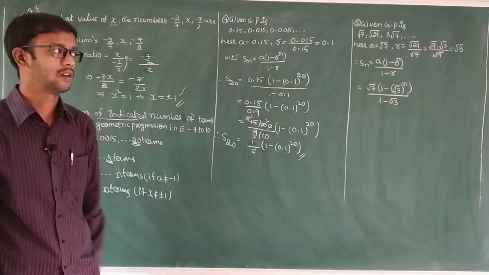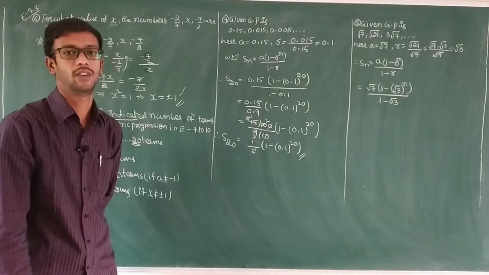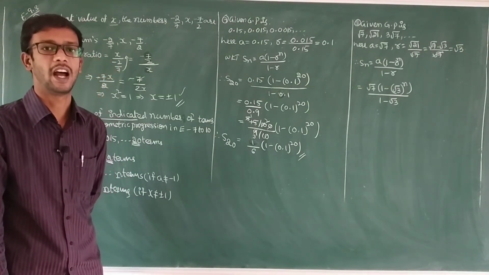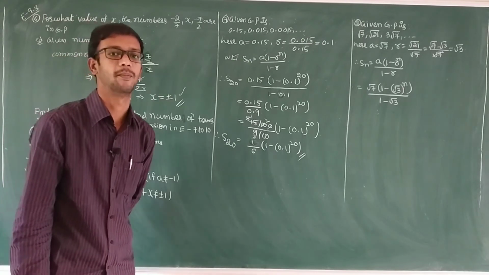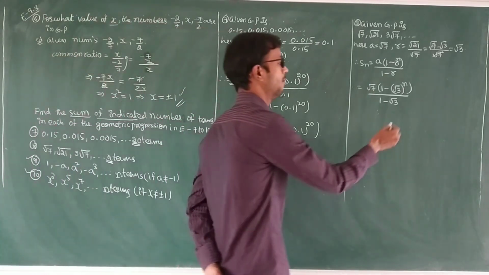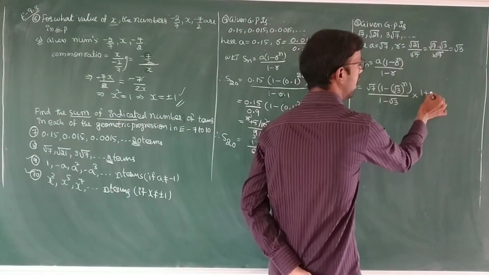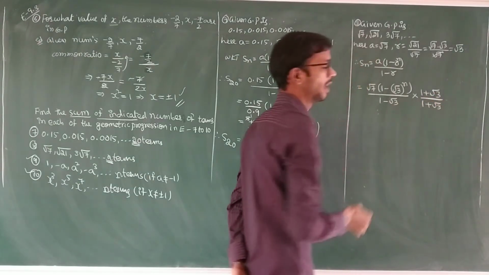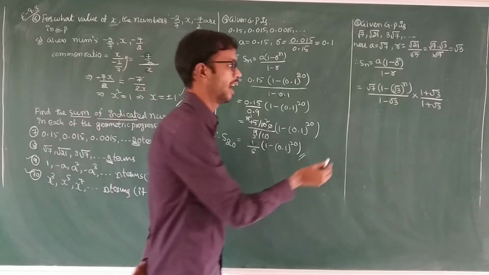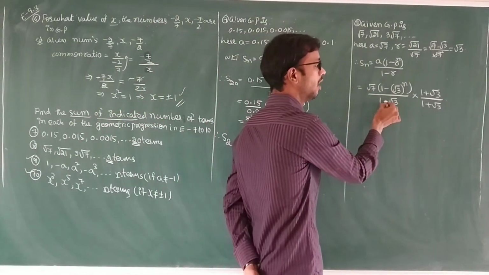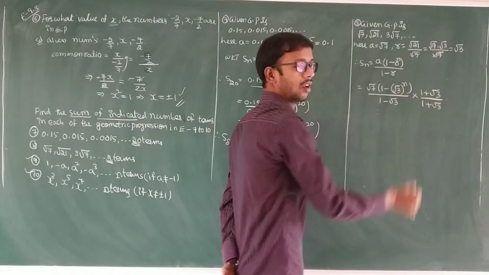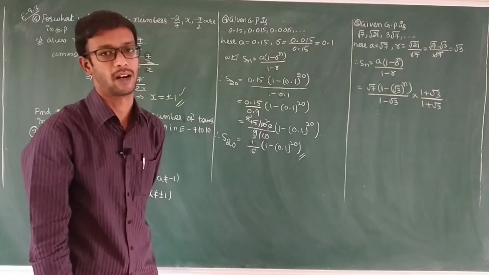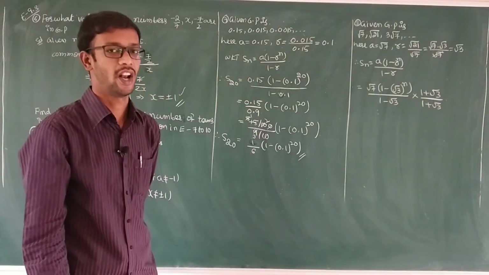Actually this is only Sn, but simplification we need. For simplification purpose, I am using the rationalization concept, multiplying by 1 plus root 3 by 1 plus root 3. Rationalization means that where plus is there, minus is there, we multiply and divide with the conjugate. This is called rationalization.